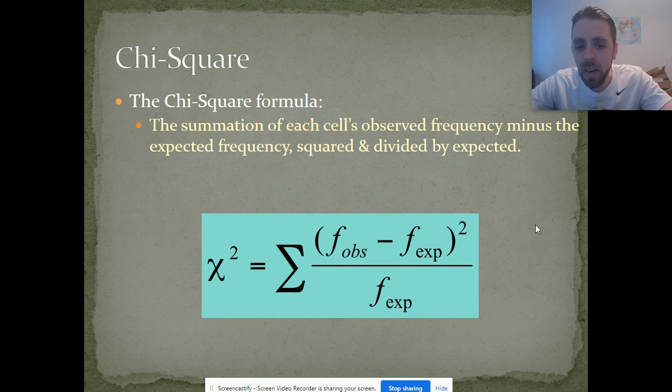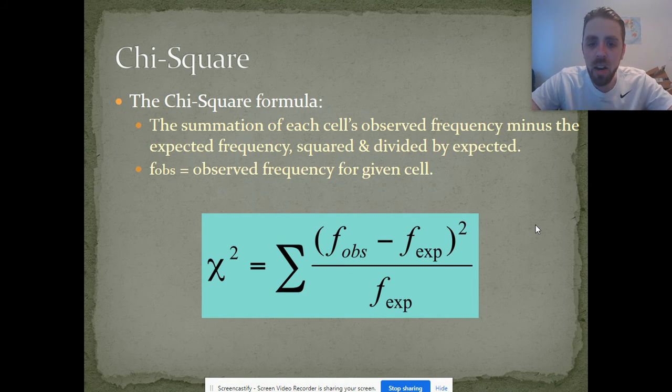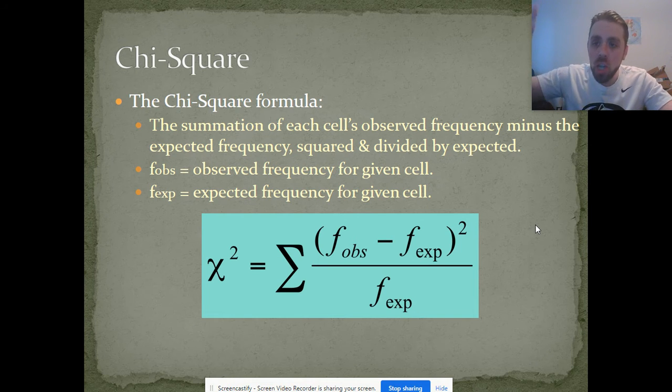So chi-square is the summation of each cell's observed frequency minus the expected frequency, squared, and then divided by the frequency expected. So when you read this table, F observed is what you actually see in the cell. Frequency expected is what you would get if the total percentage was the same as the group percentage.